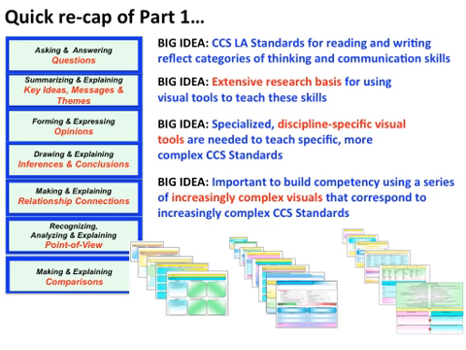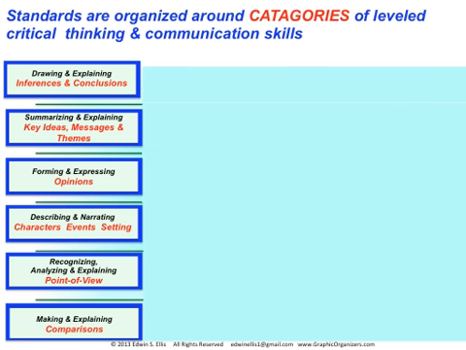Another big idea is that it's really important to build competency using a series of increasingly complex visuals that correspond to increasingly complex Common Core standards. So part 2 of this series of videos is really about two things. First of all, we're going to take a look at some of the resources associated with the Genius visual tools, and we're also going to look at briefly some of the instructional routines that are associated with these resources.